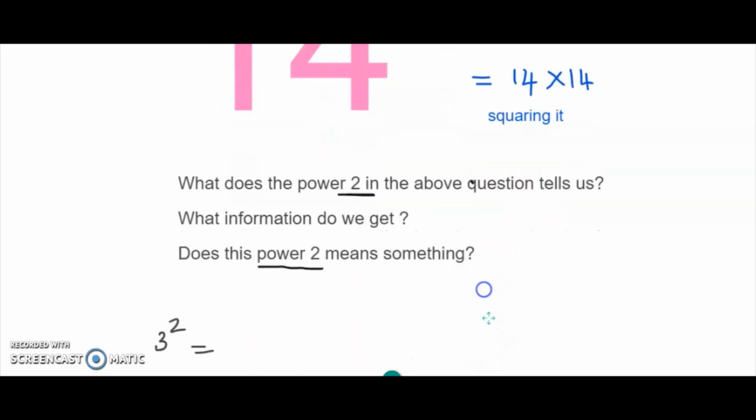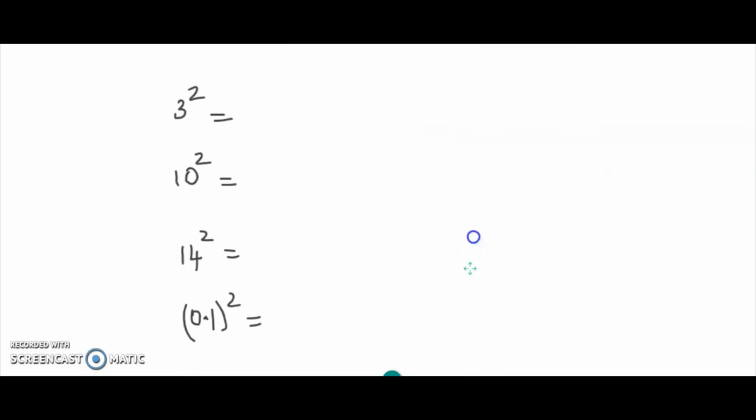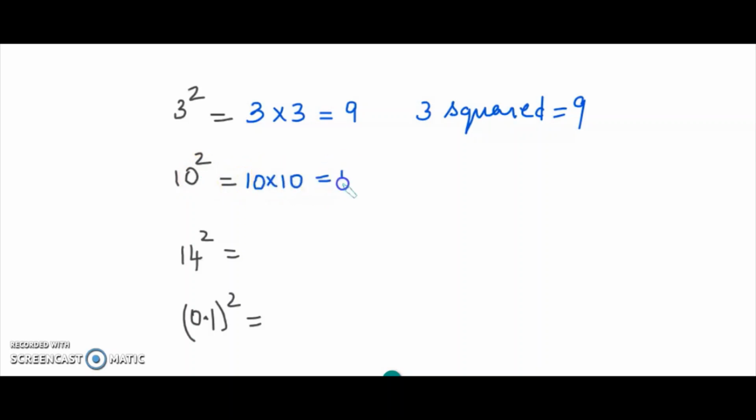Okay. So let's take a few examples here. 3 square means 3 multiplied to itself, 3 times 3, which is 9. So can we say 3 squared, when 3 is squared, the answer is 9. Let's say 10 to the power of 2. We'll not say 10 to the power of 2, we'll say 10 square. So 10 times 10 will be 100.